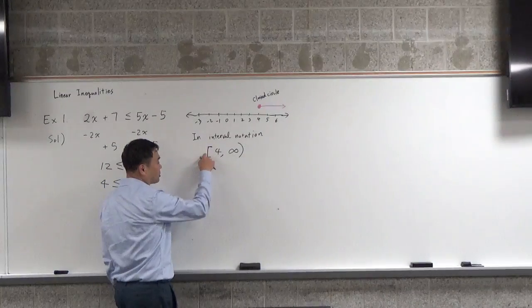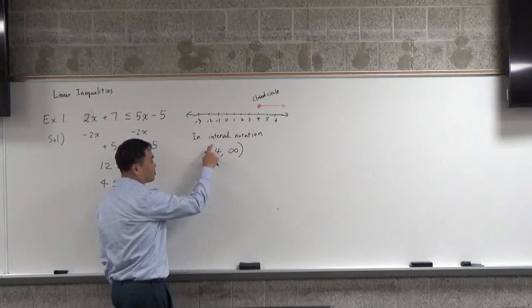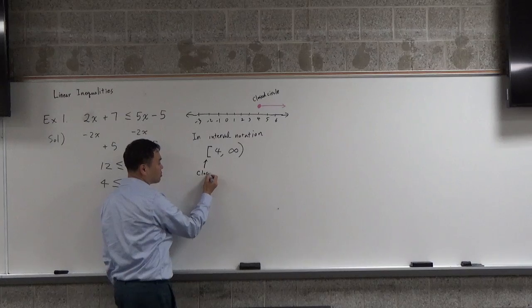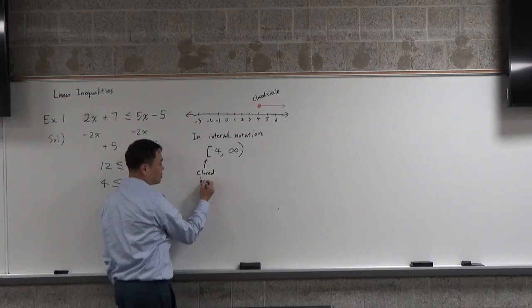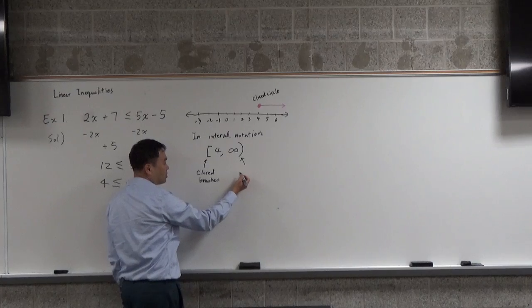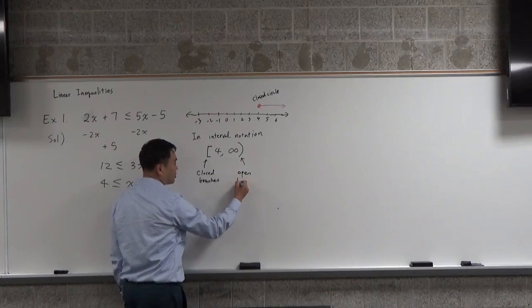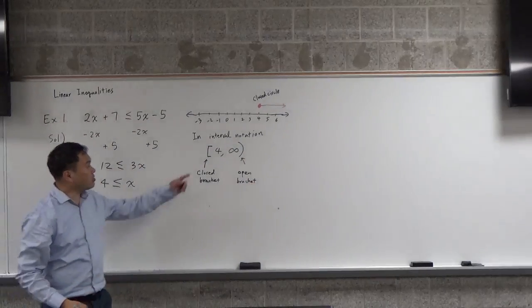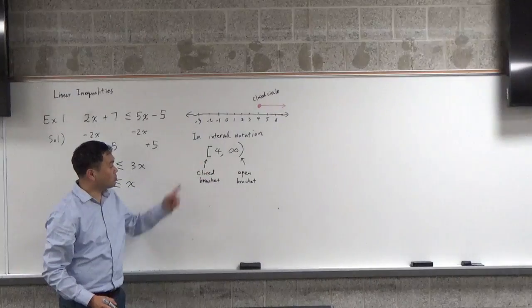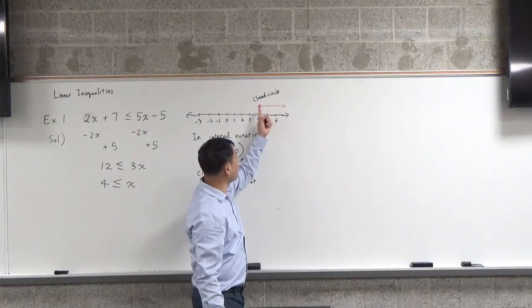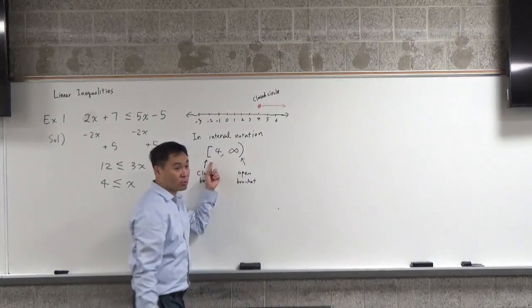This square-looking, straight bracket is going to be called closed bracket. Whereas this round bracket will be called open bracket. Anytime the endpoint is included, you have to use the closed bracket. And as you can see, this solution starts from 4, including 4. That's why we use the closed bracket.